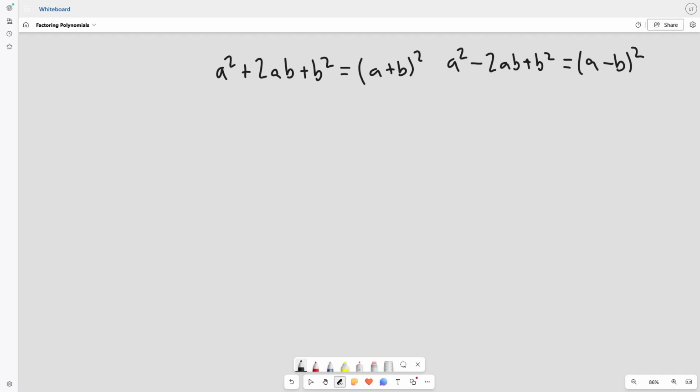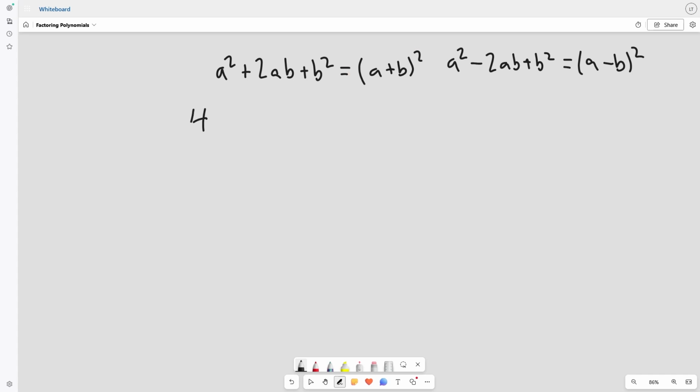Anytime you see an expression in parentheses squared that takes this form, you will know that it comes out to this right here. And similarly, if you have an expression that looks like this, you know it factors down to something like this. So what does this look like in practice?